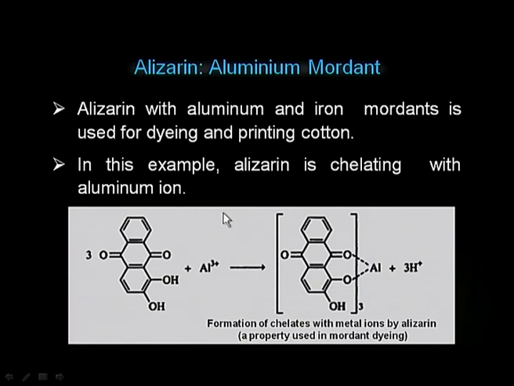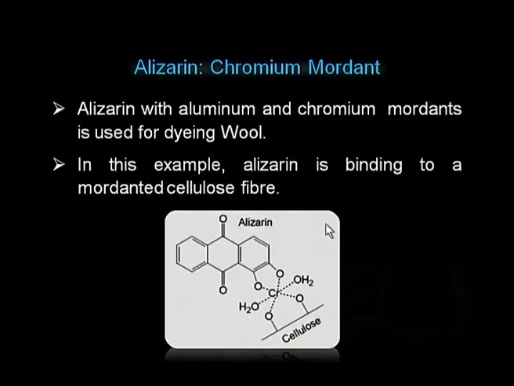So, alizarin with aluminum and iron mordant is used for dyeing and printing cotton. Here is an example of alizarin with chromium mordant, and this is used for dyeing wool. In this example, alizarin is binding to a mordant cellulose fiber.